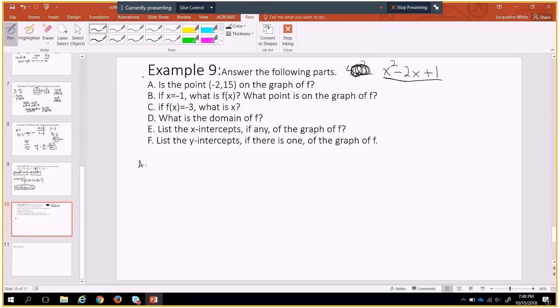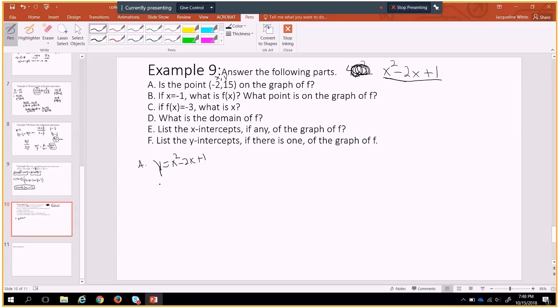We know that -2 is our x and 15 is our y, and this equation may be written as y is equal to x squared minus 2x plus 1. So what this question really asks is that if we plug in an x of -2 into this, will a y of 15 come out?